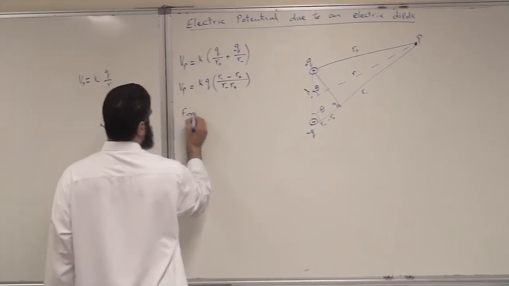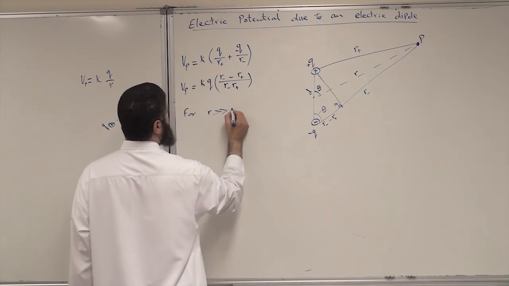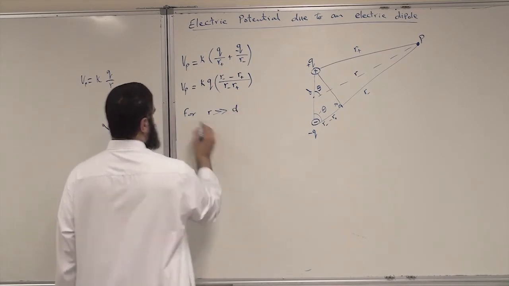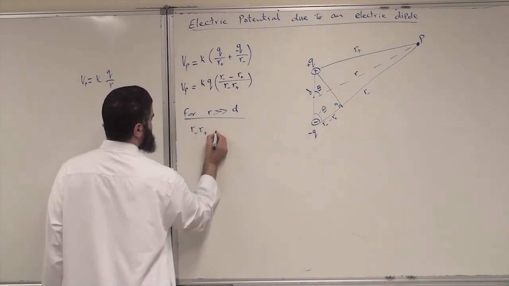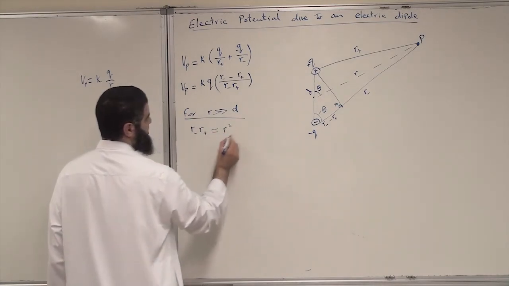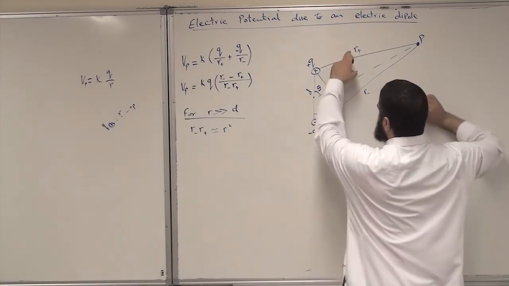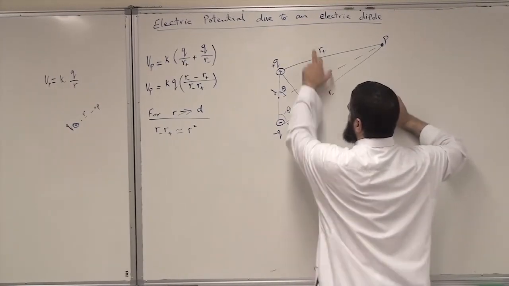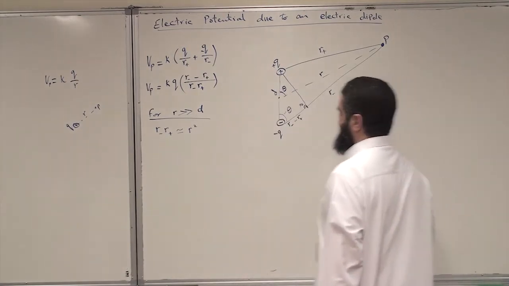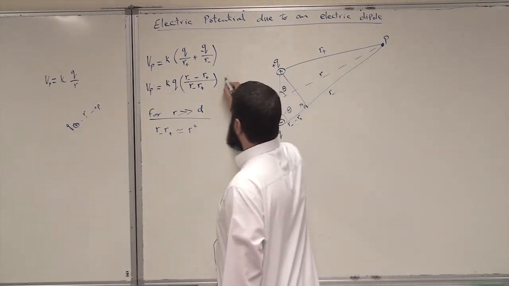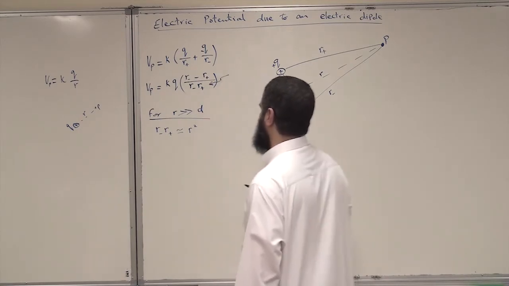For R very, very large compared to d, we get the following approximation: R minus multiplied by R plus is approximately R squared. So going very far, we can approximate this multiplication. There is also another approximation. Here we can replace R minus multiplied by R plus with R squared.